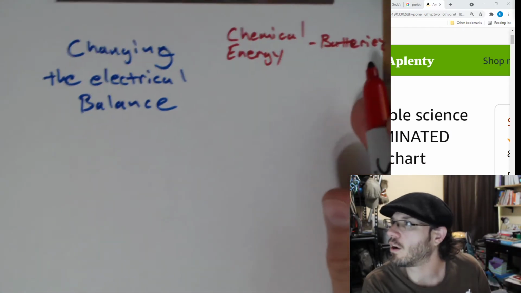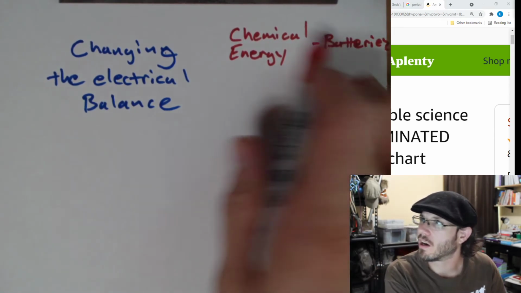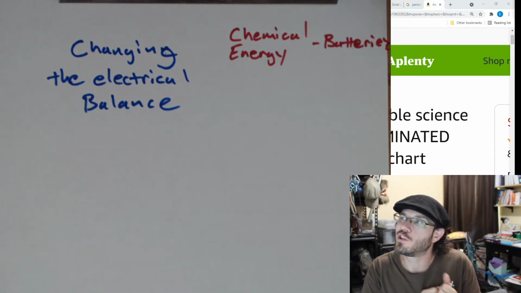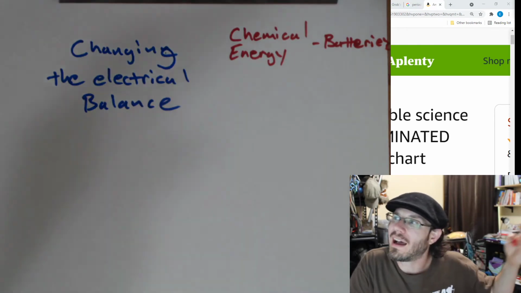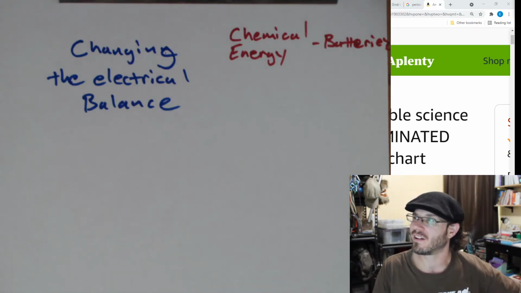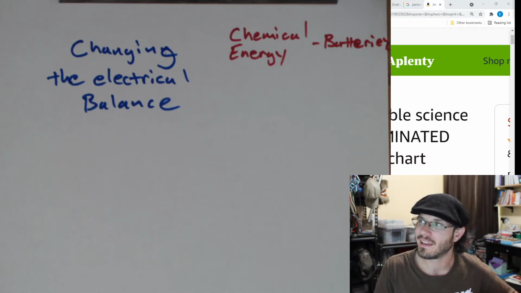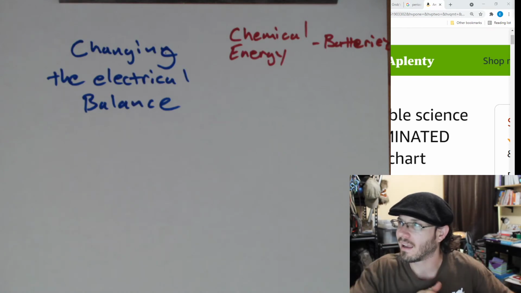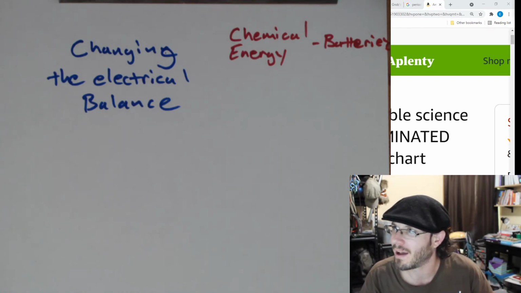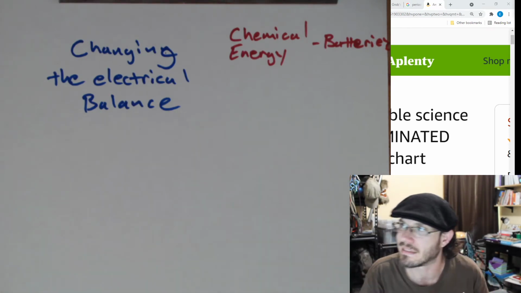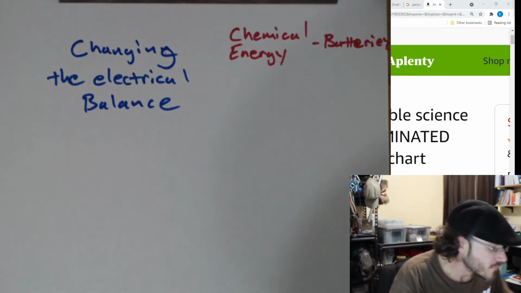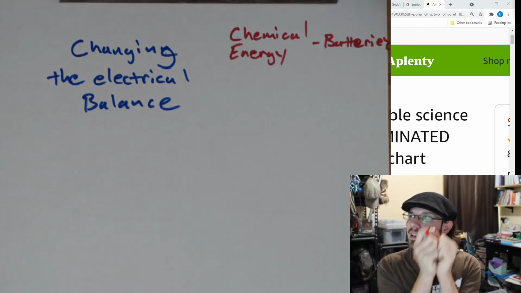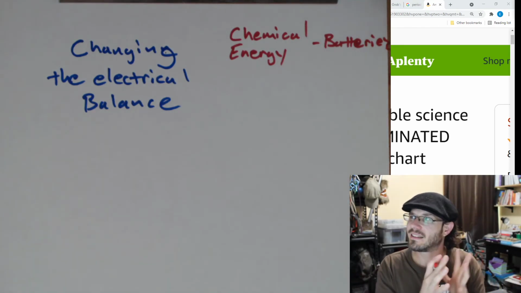Think of batteries. Batteries are chemically induced little cells that already have more positive on one side and more negative on the other side, creating a situation where the electrons want to go back and mingle so that they can be balanced again. That's chemical energy.